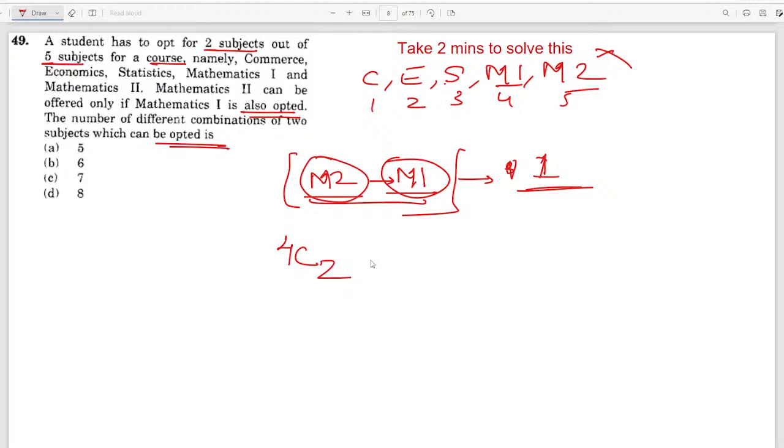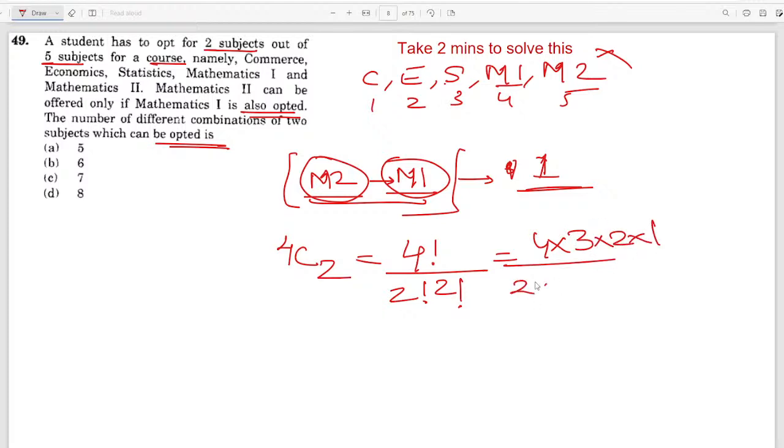This is 4 factorial divided by 2 factorial times 2 factorial. This is equal to 4 into 3 into 2 into 1 divided by 2 into 1 into 2 into 1. 2 into 1 gets cancelled, and 2 times 3 is 6 ways.